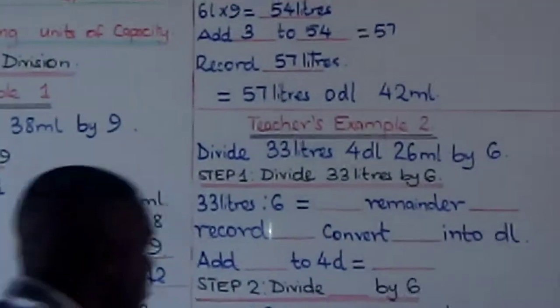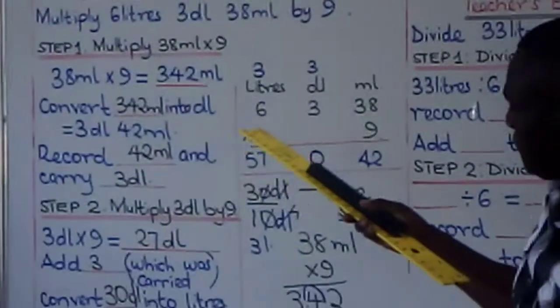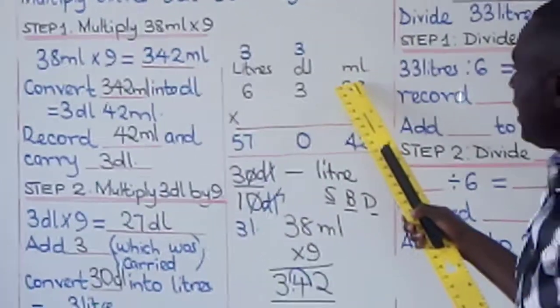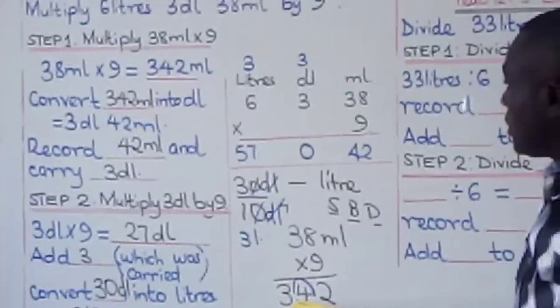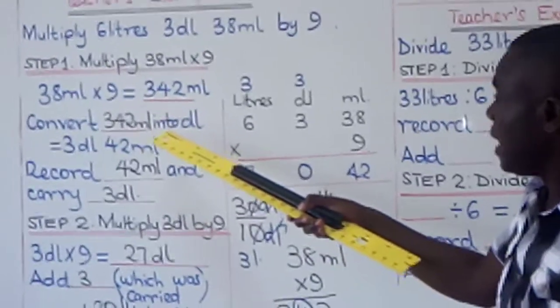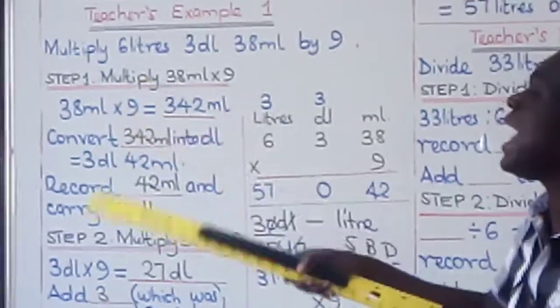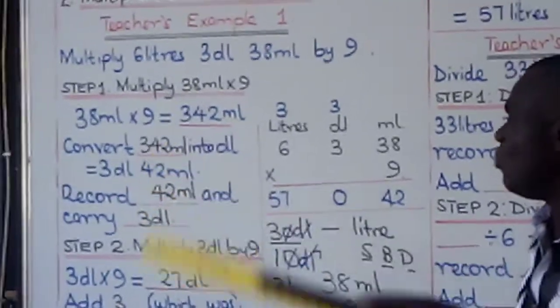Boys and girls, because of the hitch there, I would like to repeat here. So we are multiplying 9 by 38 milliliters, and 9 multiplied by 38, we got 342 milliliters. Then we convert 342 milliliters into deciliters and milliliters, and we get 3 deciliters, 42 milliliters.